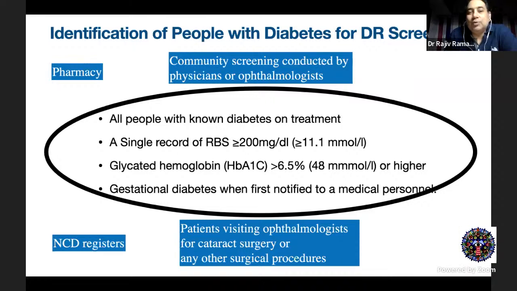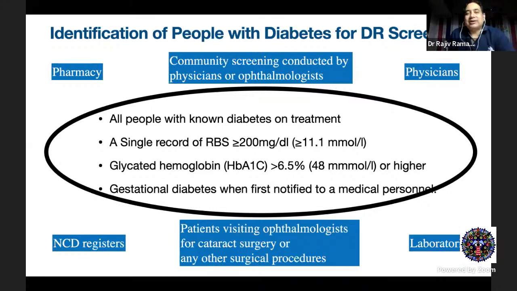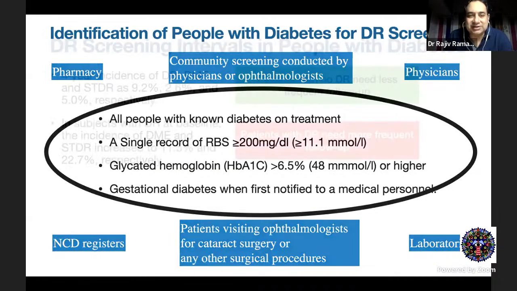Pharmacies, where people come to take their medications for diabetes, are again a place where you can identify people with diabetes. Physicians, because they are the first to see people with diabetes, or labs where they go for a lab checkup. So you can identify people who need screening at multiple of these places.